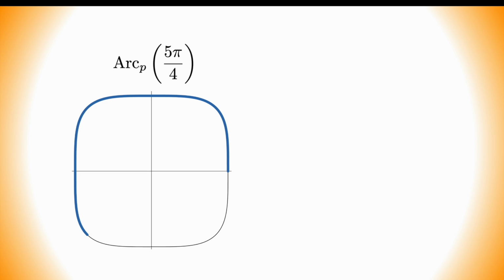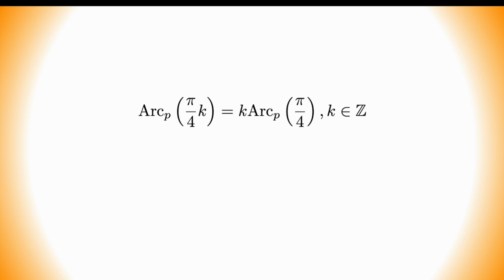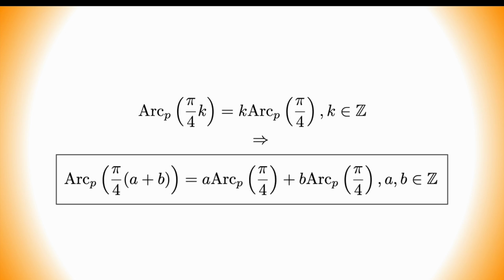If we wanted to find arc of 5 pi over 4, it would simply be 5 of arc pi over 4s. So for any integer multiple of pi over 4, this holds. Using this information, it's easy to demonstrate that arc base p satisfies the general form of linearity, but only for integer multiples of pi over 4.